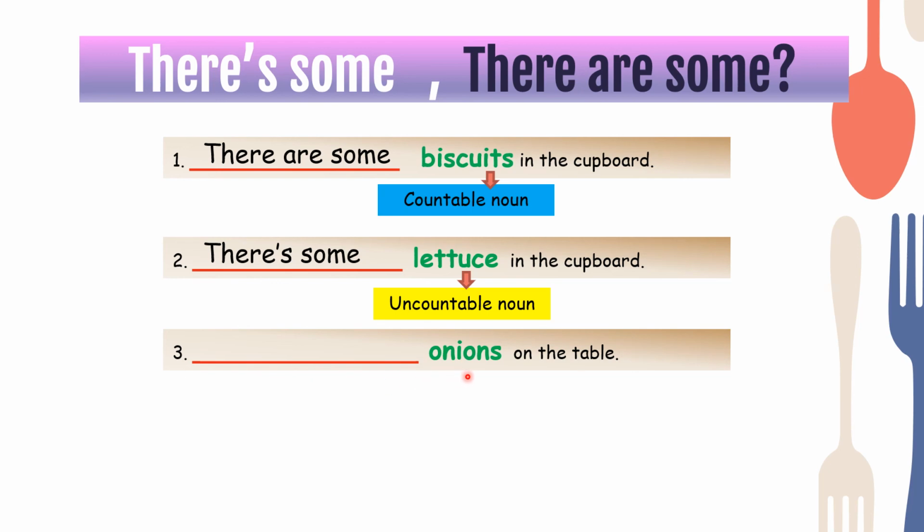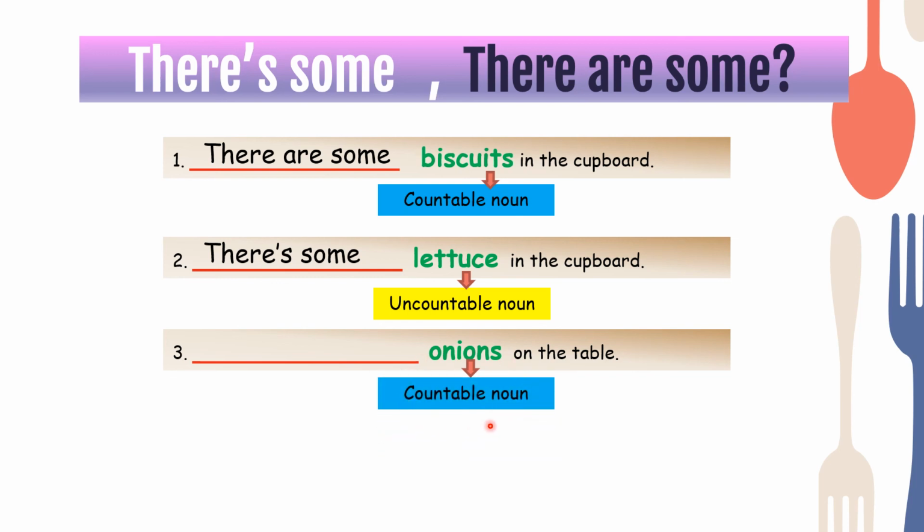Blank onions on the table. Now look at the word onions. It ends with the letter S. What kind of noun is this? Is it countable or uncountable noun? It is countable noun.